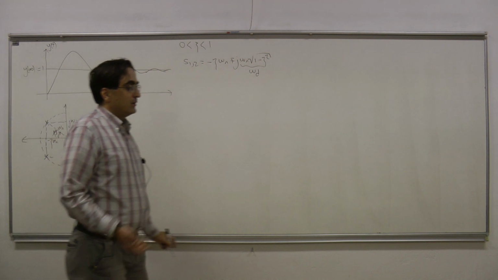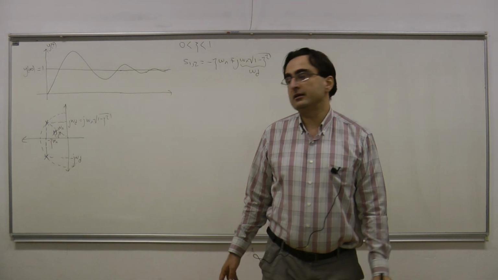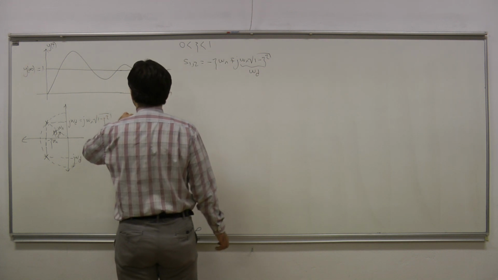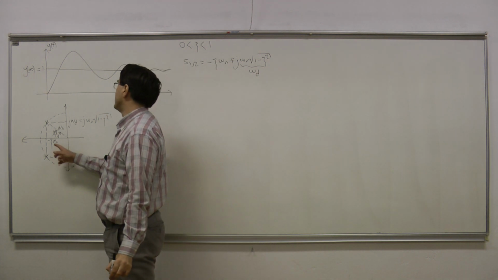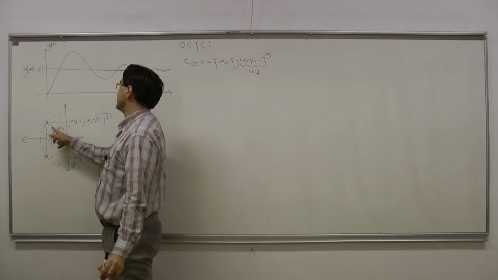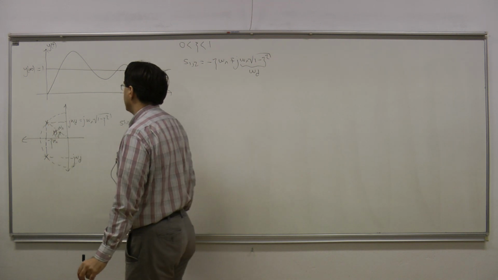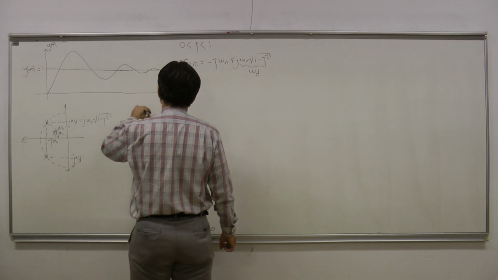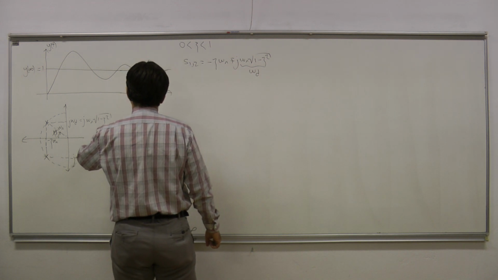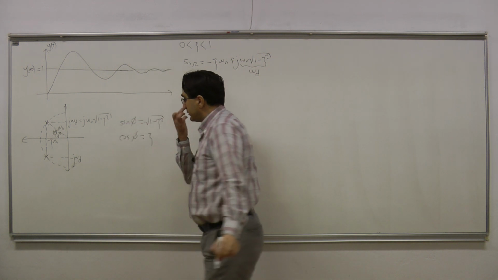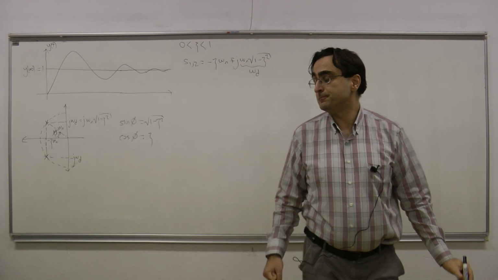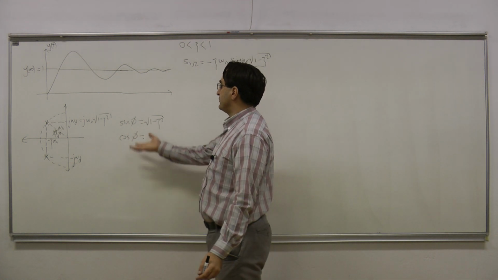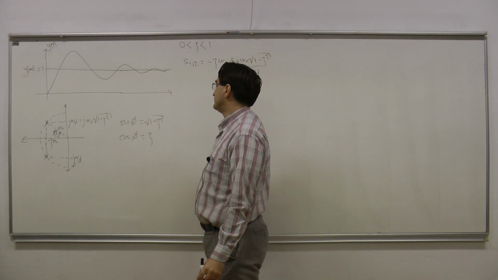And what were the properties of that angle? Sine phi is the ratio of this distance to the hypotenuse, so it is just the square root of 1 minus psi square, and cosine phi is equal to the damping ratio itself. Then how can I find this angle phi?